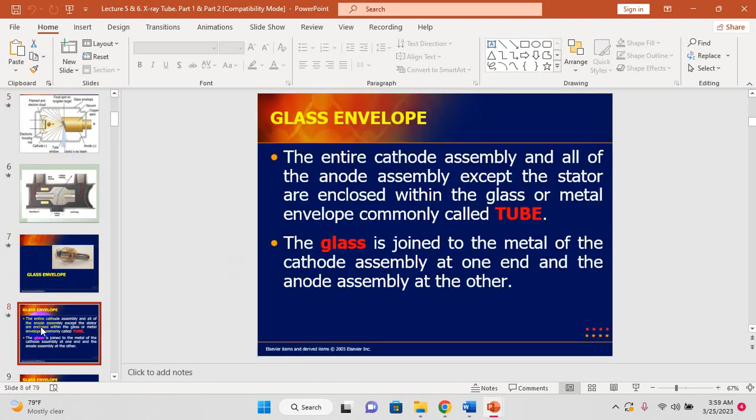The entire cathode assembly and all of the anode assembly except the stator are enveloped or enclosed within the glass or metal envelope, commonly called the tube. The glass is joined to the metal of the cathode assembly at one end and the anode assembly at the other.